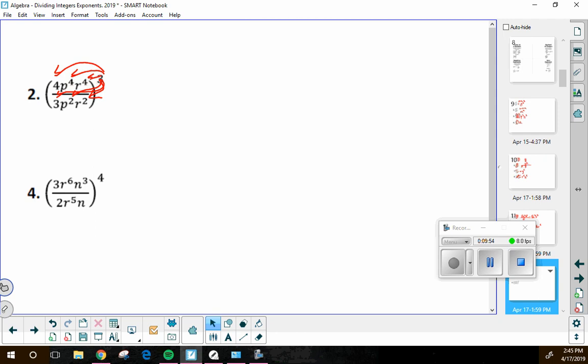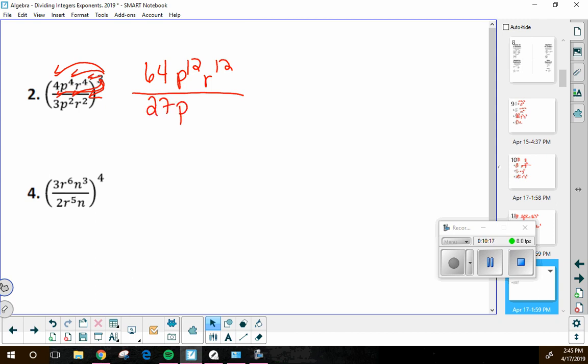4 cubed. 4 times 4 times 4 is 64. One more. 64. And then that's going to be p to the 12th, r to the 12th. Perfect. Then that's going to be 3 cubed, which is 3 times 3 times 3, which is 27.